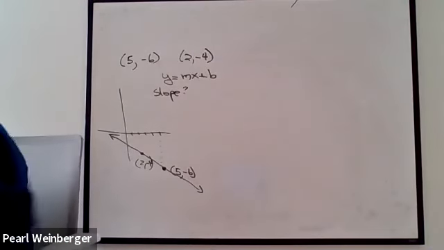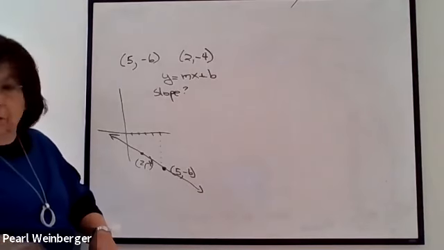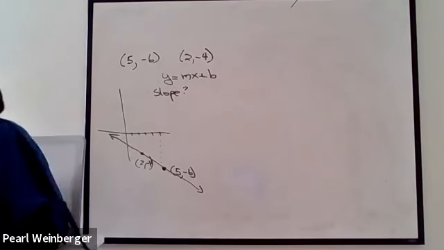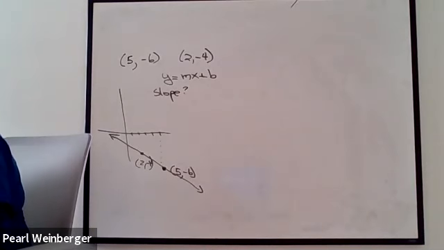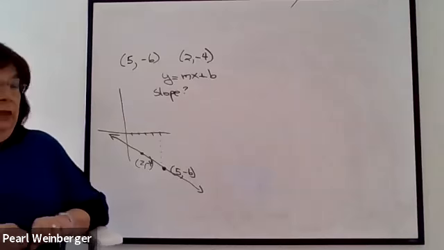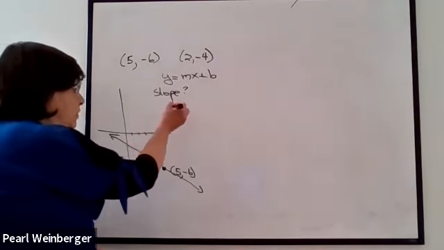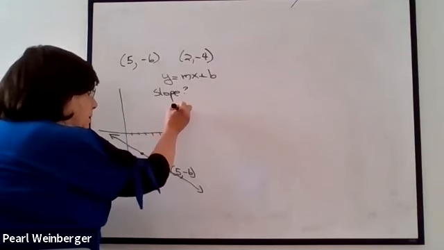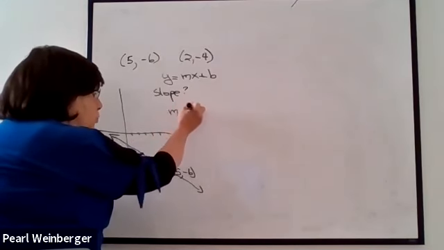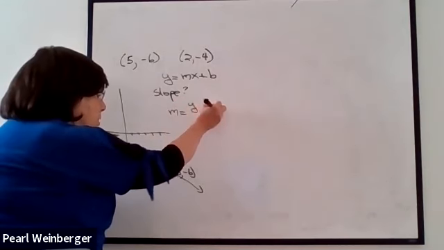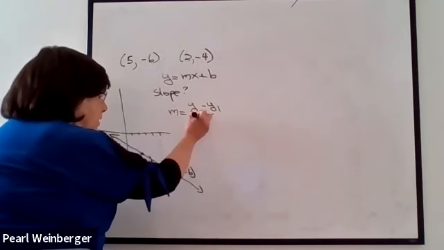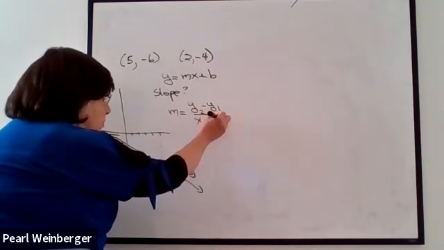And I see a bunch of people have gotten the answer to this question. So let's look at that. If you recall, the way we find the slope of a line is with the equation y2 minus y1 over x2 minus x1.